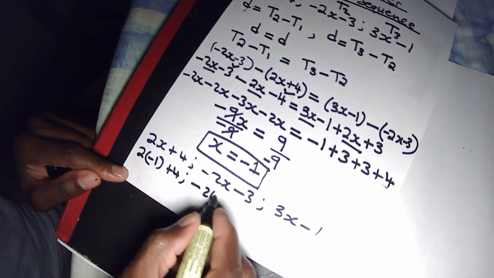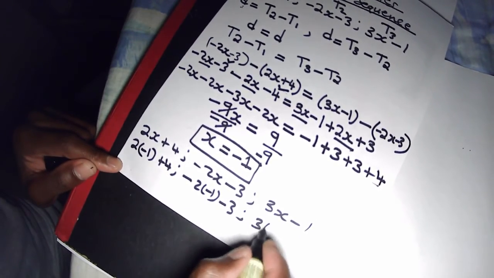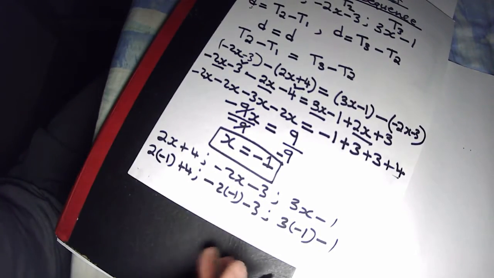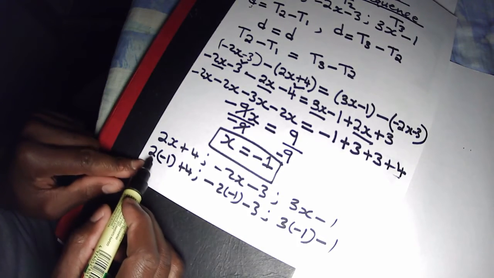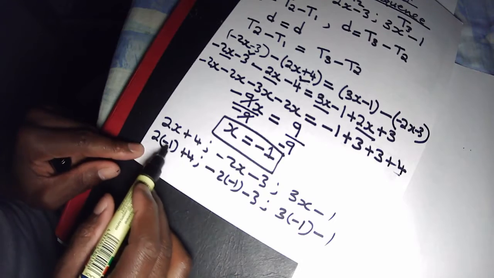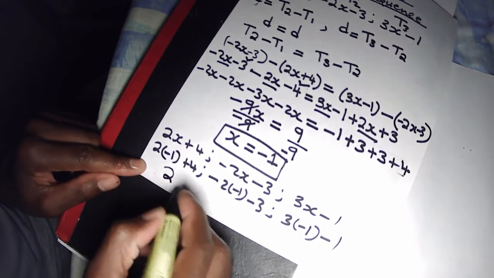Okay, negative 2 times negative 1 minus 3, 3 times negative 1 minus 1. Okay, now let us put this into the calculator and get the answer. Negative 2 times negative 1 plus 4, that is a 2.